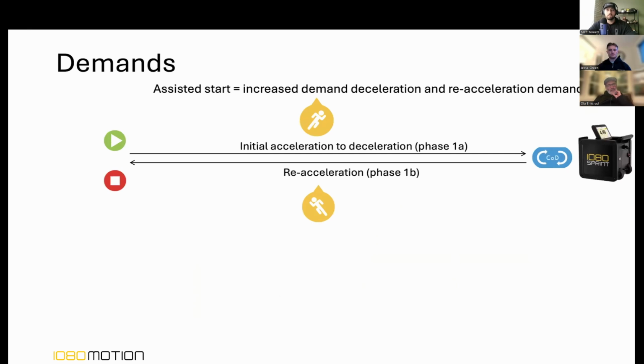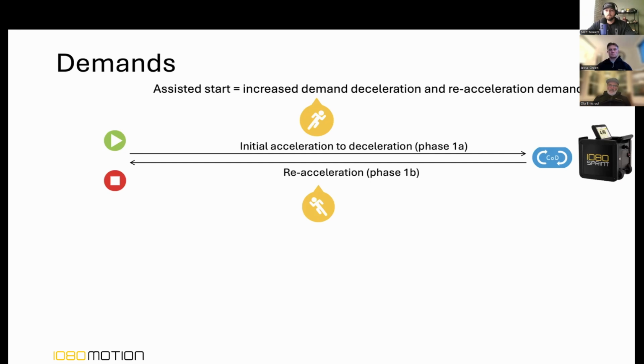Then we had to come up with a term to name these exercises so everyone was on the same page, because I still see them used interchangeably, and we have to be careful. An assisted start means that we start by running towards the 1080 sprint, and then we turn around and go back if it is a 180 degree turn.